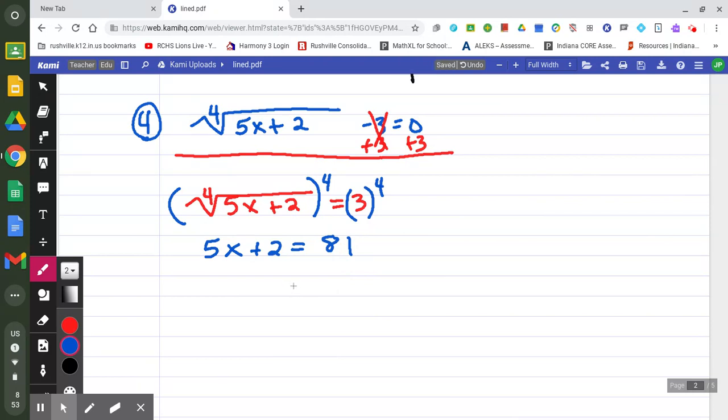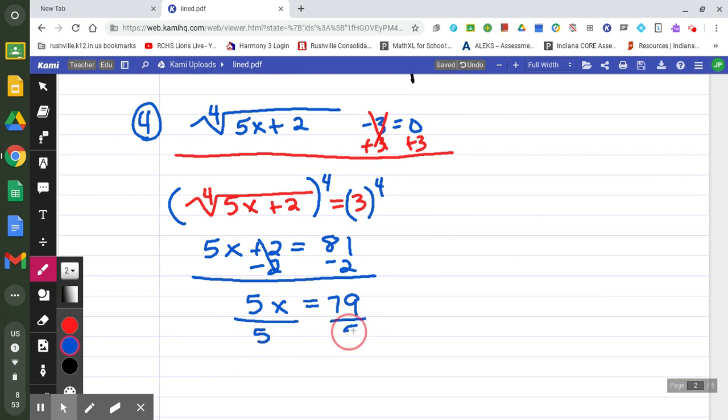Then I'm going to solve for the x. So 5x equals 79. And I know this is ugly, but we are just going to have a fraction for an answer. So I got x equals 79 over 5.